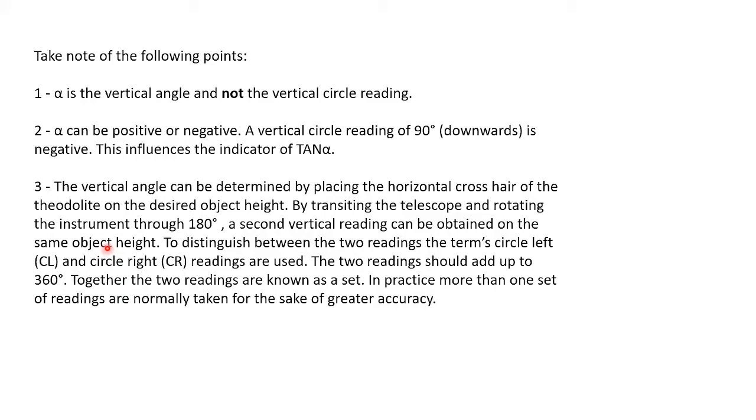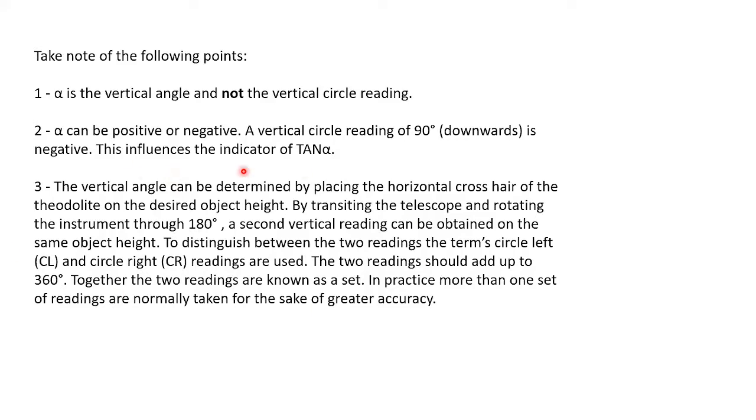You usually take this as your straightforward reading, and then your circle right is when you rotate the device 180 degrees horizontally and vertically. And these two readings should add up to about 360 degrees. They won't always, but they're going to be very close.